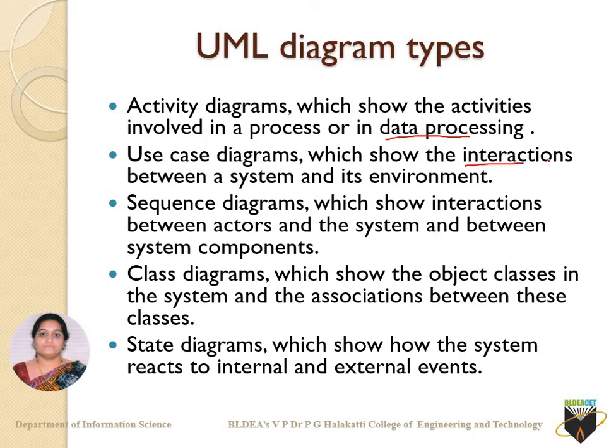Then what is a use case diagram? It shows the interaction between a respective system and its environment. What are sequence diagrams? They show the interactions between the actors and the system, and between the system components. One by one we'll come across examples for all of these diagrams in detail in this particular module.